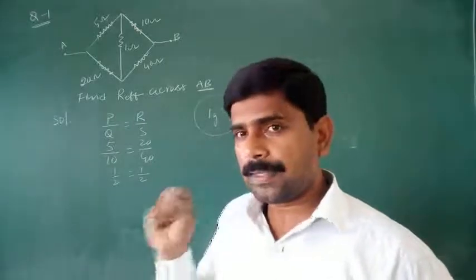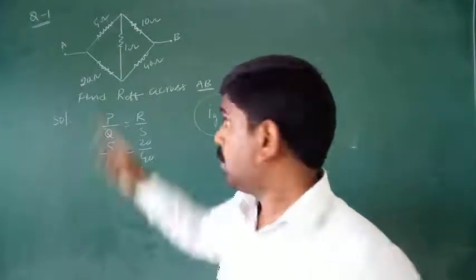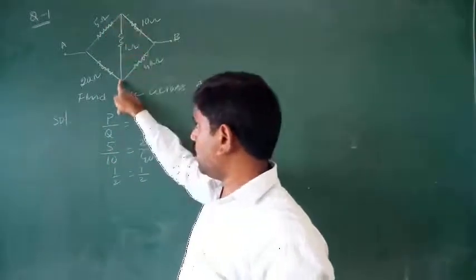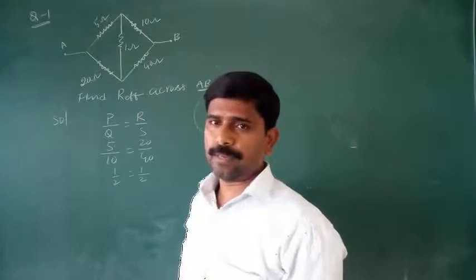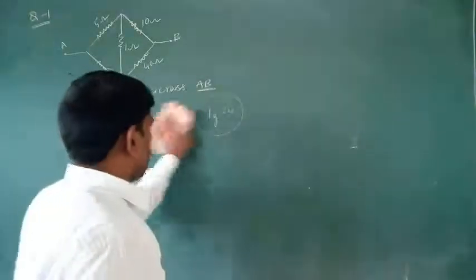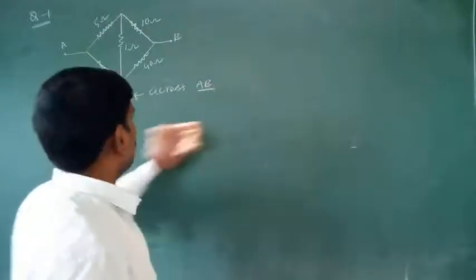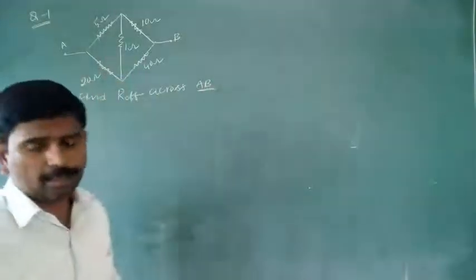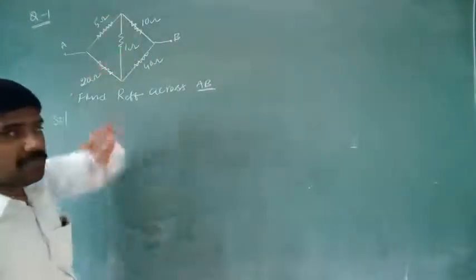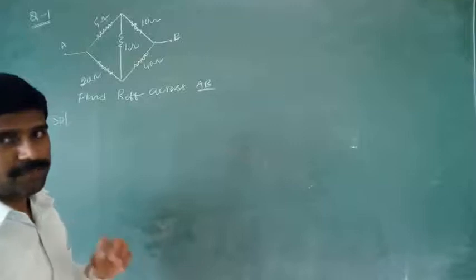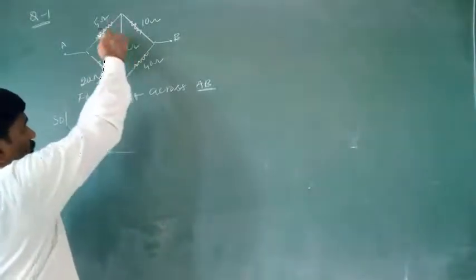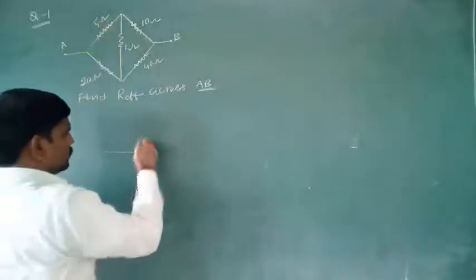Current is not passing through the 1 ohm resistor, means the potential difference at this point must be equal to the potential difference at this point. So the current passing through the 1 ohm resistor is equal to 0 amperes. This is nothing but a fake connection, so remove that fake connection, that is, remove this 1 ohm resistor.